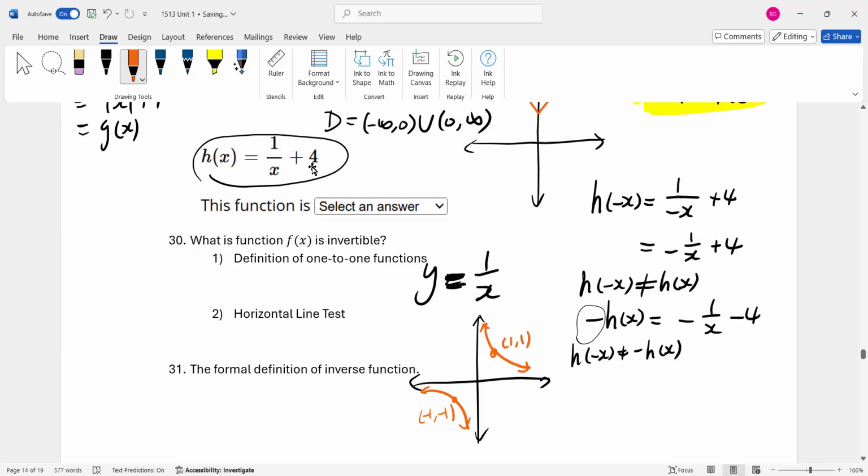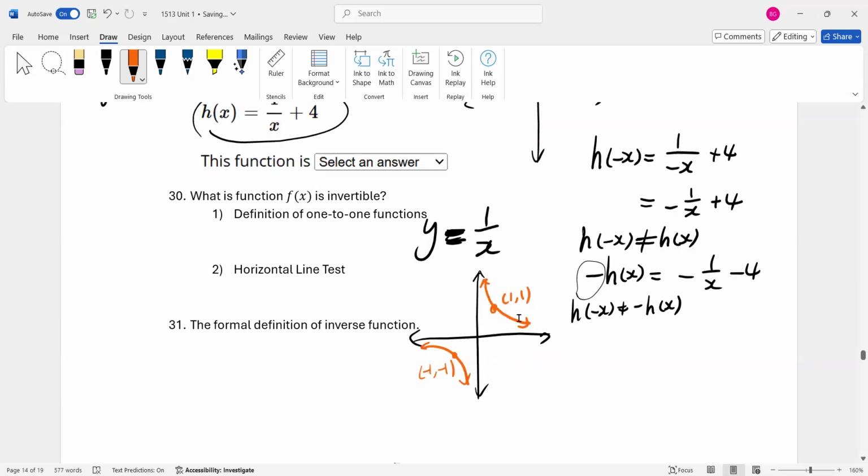The transformation is to add 4 to the whole function. So basically, the graph of h of x is this hyperbola shifted upward 4 units. Actually, this reciprocal function is odd. However, if you shift it upward 4 units, it's not going to be odd. It's not going to be even either. Do you guys see it?